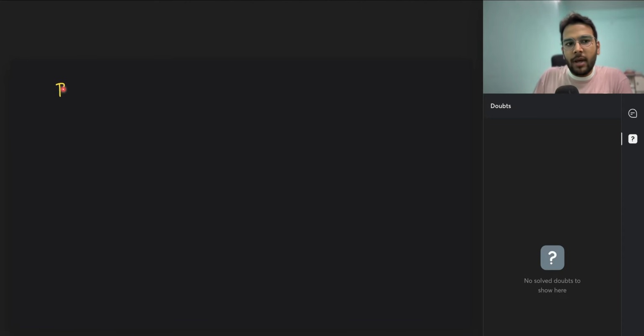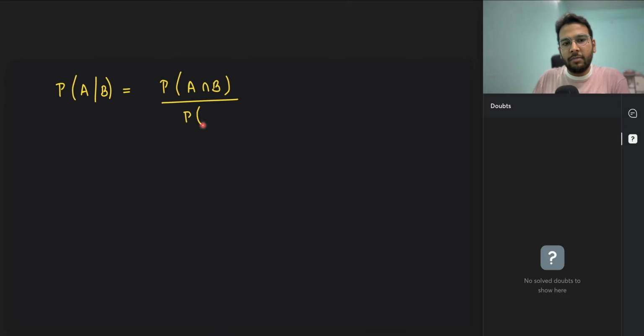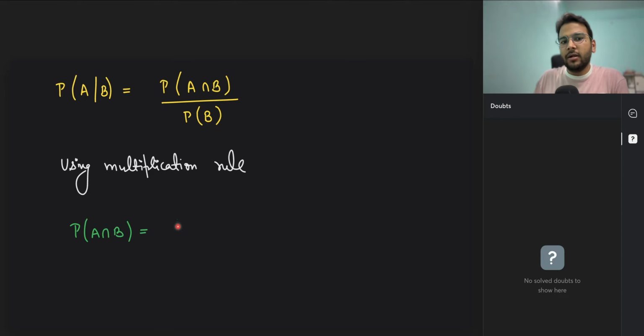Probability of event A given B is equal to probability of A intersection B divided by probability of B. Now, using the multiplication rule, I can write that probability of A intersection B is nothing but probability of A given B times probability of B. Correct?